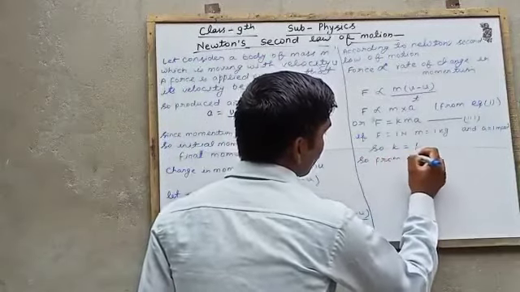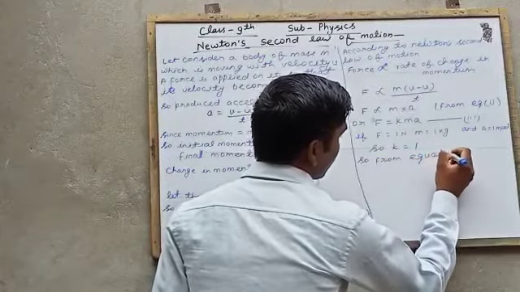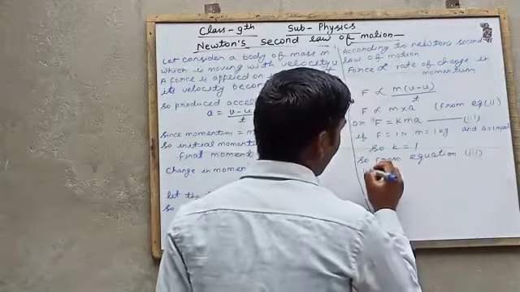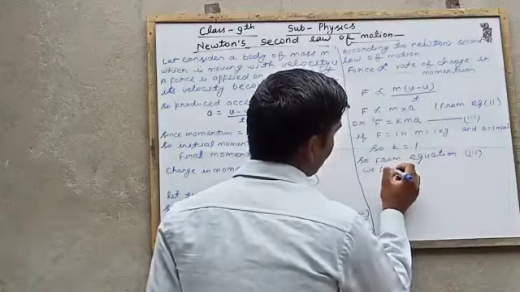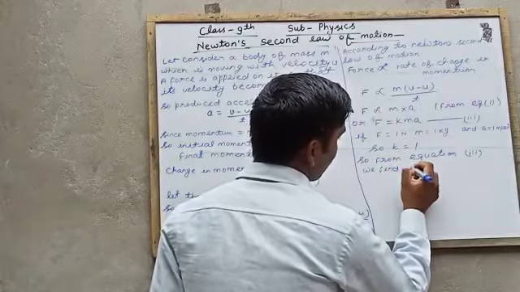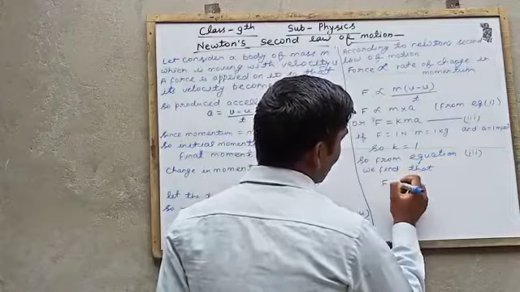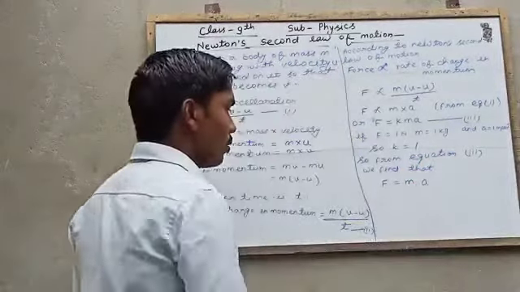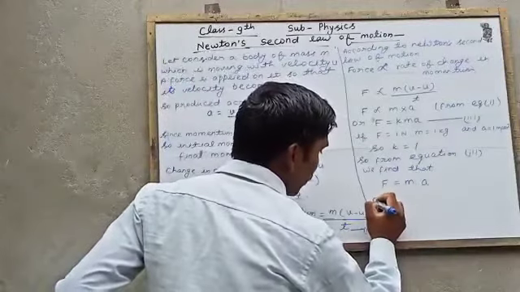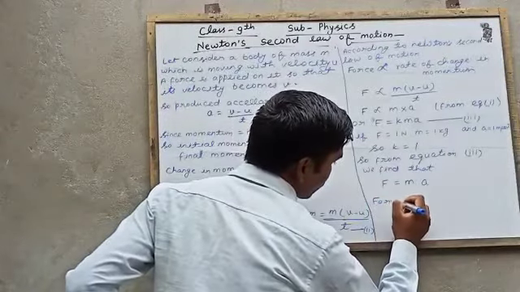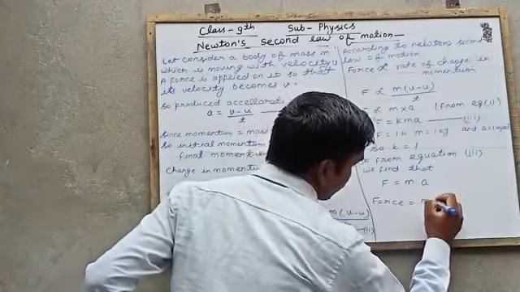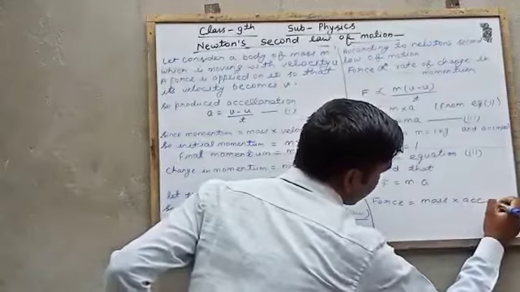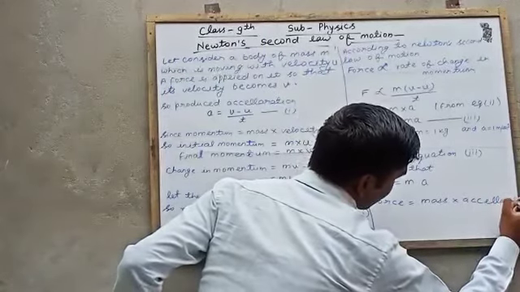From equation 3, we find that F is equal to m into a, meaning force is equal to mass into acceleration.